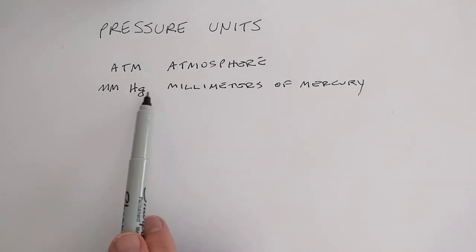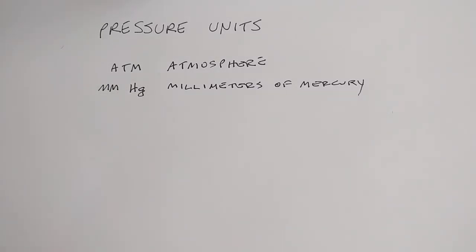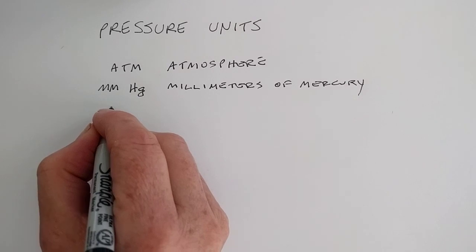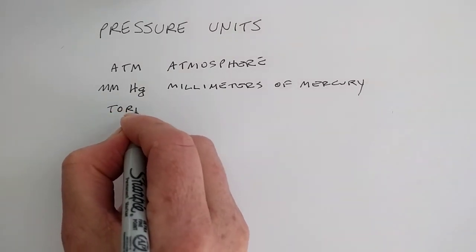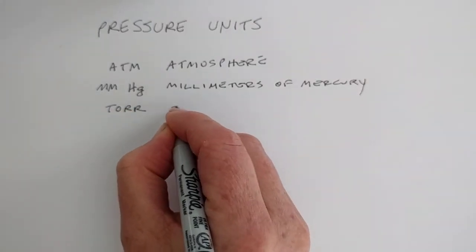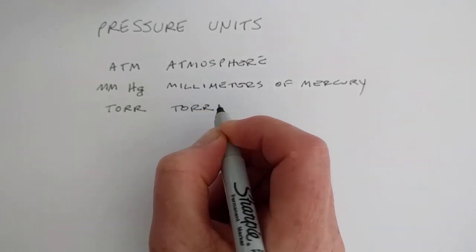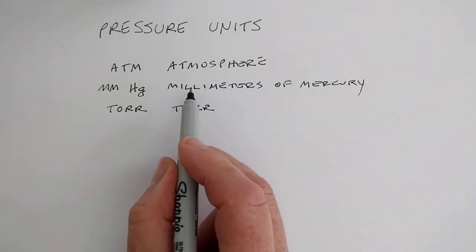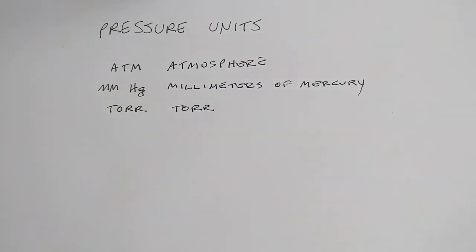That is where this unit comes from. There is another unit called the torr. They took the millimeter of mercury and renamed it after Evangelista Torricelli, who invented the barometer. So if you come up with something really great and innovative, maybe they will name a unit after you.